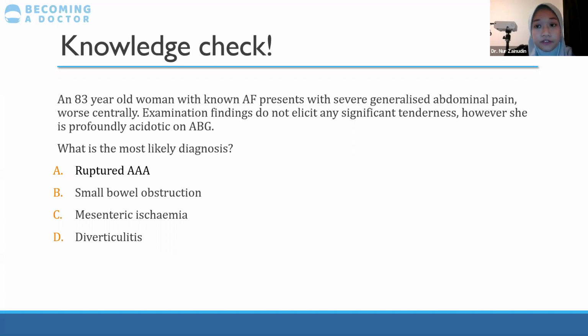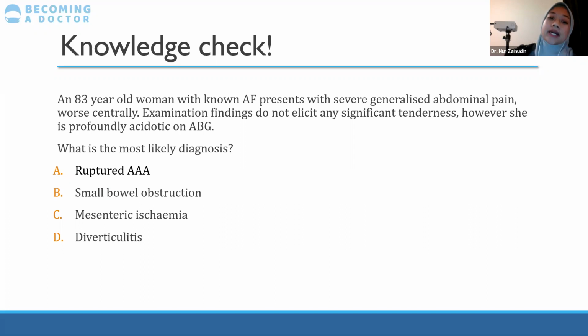Rupture AAA is a very fair answer, very fair differential. But note that she has severe generalized abdominal pain. Quite a lot of AAA patients don't have severe abdominal pain. Examination findings would usually elicit some symptoms of the pulsatile mass in the center of the abdomen.